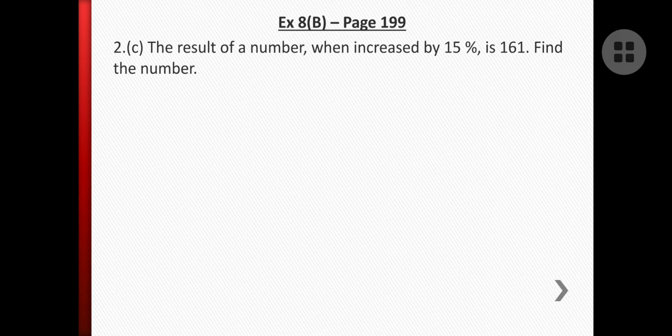The result of a number when increased by 15% is 161. Find the number. So here, is 161 the new value or the old value? Read the question properly. The result of a number when increased by 15% is 161.